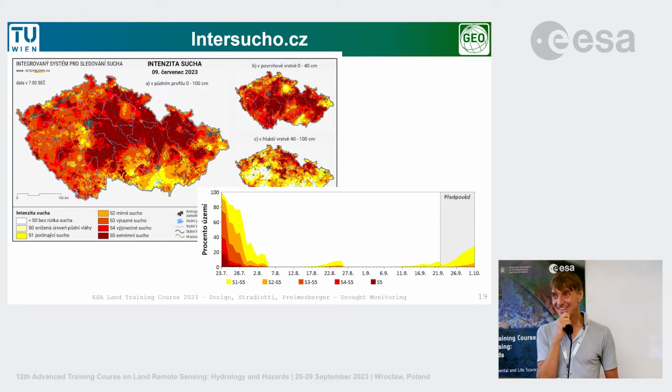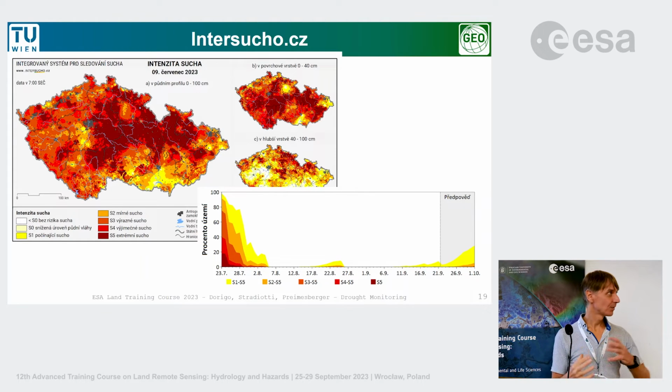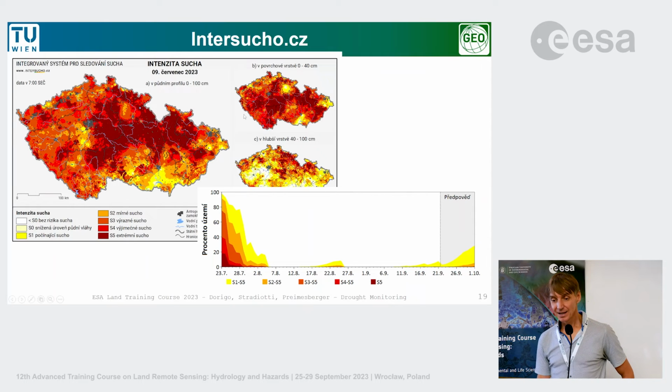This Drought portal is hosted by the Czech Globe, and they use a modeling framework where they use also satellite observations, but mostly meteorological observations to compute deviations from normal conditions, on a very similar scale as for the PDSI. So you see here extreme drought as 5. You see how much of the land surface was under extreme drought conditions and so on.